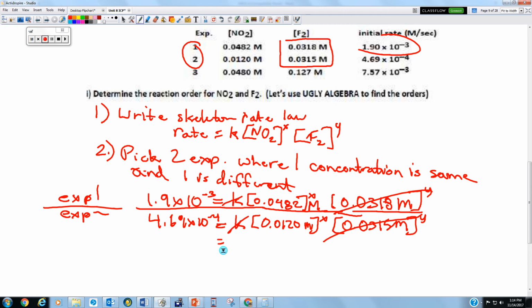Yes, you actually get a number. So 1.90 times 10 to the negative third divided by 4.69 times 10 to the negative fourth. It is a positive number. It is a whole number actually. 4.05. All right.